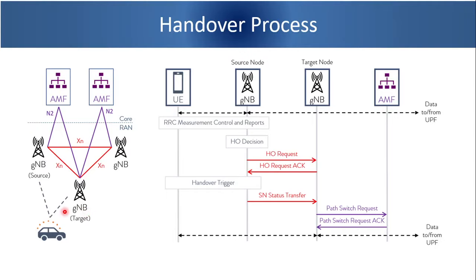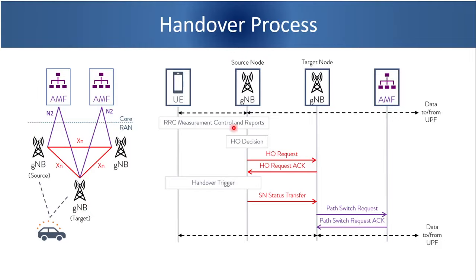So how does this mobility take place? Basically the UE keeps on measuring the signal strength coming from different gNodeBs, and whenever it decides that now the handover process is to start, and actually the decision is taken by the gNodeB. This particular device, after measuring, sends the report, we call it RRC measurement, and then the gNodeB takes the handover decision.